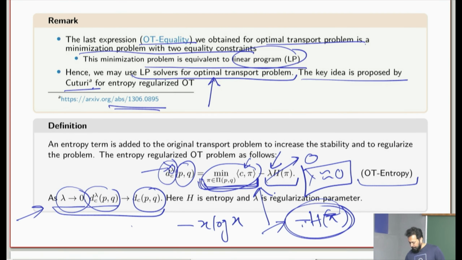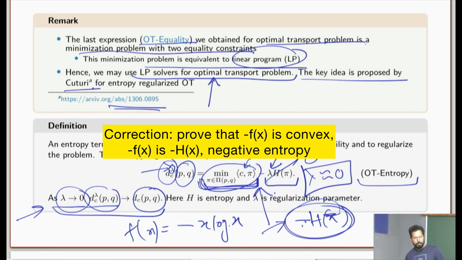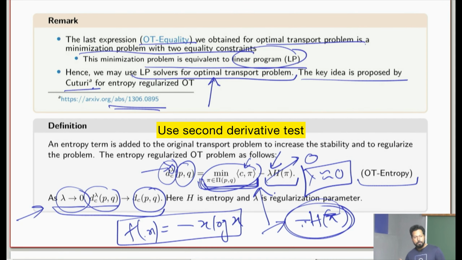Prove that f(x) = negative x log x is strongly convex, meaning the double derivative of f is positive. Make sure that the double derivative of f is strictly positive. If that is the case, then the second term that you added has a strictly positive second derivative, so it's strictly convex, and the first term is linear, so overall it's strongly convex.